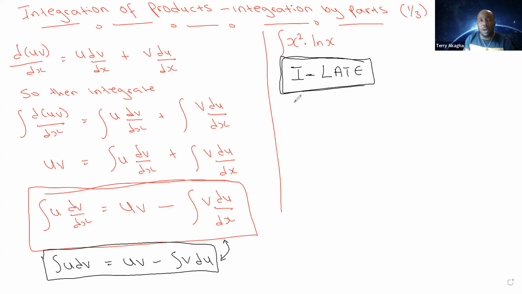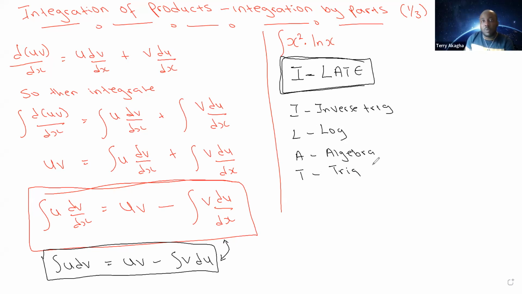The I stands for inverse trig. The L stands for log. A is the algebra. C is the trigonometry. And E is the exponential.